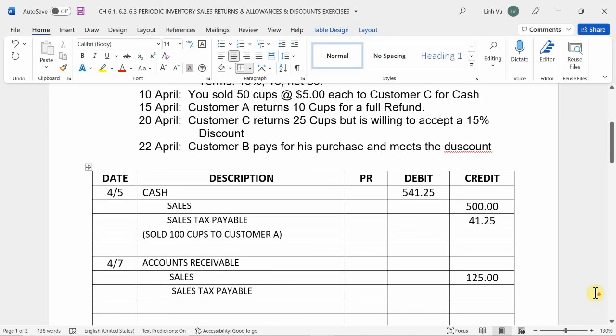How much tax am I going to be charging? $10.31.